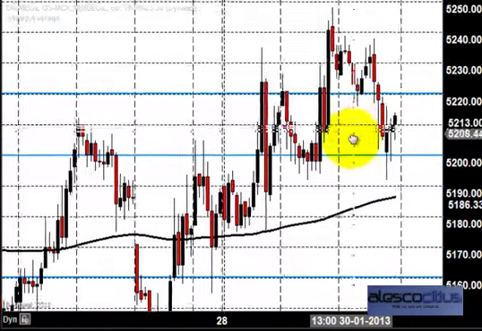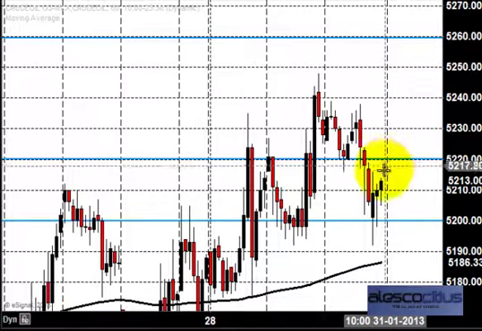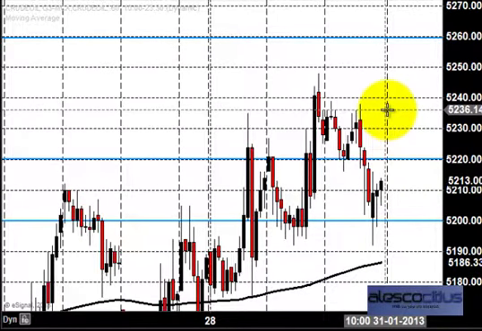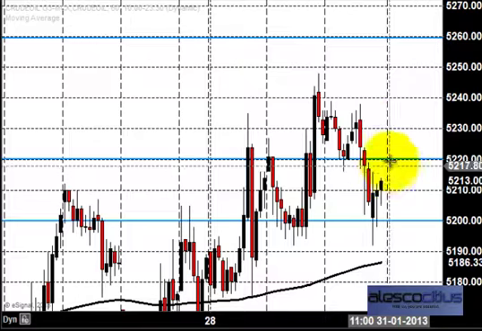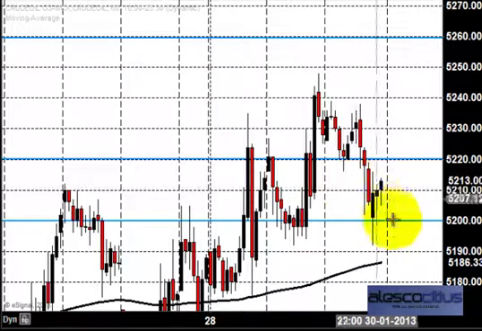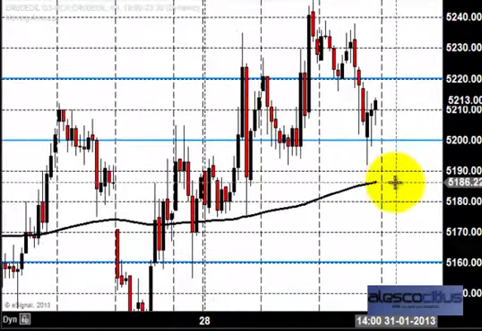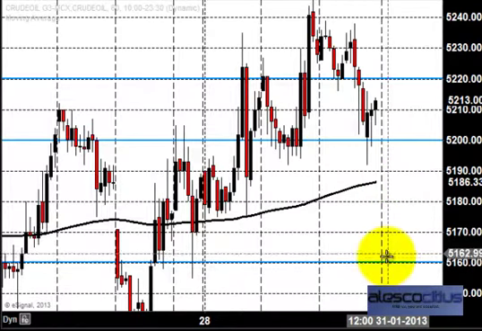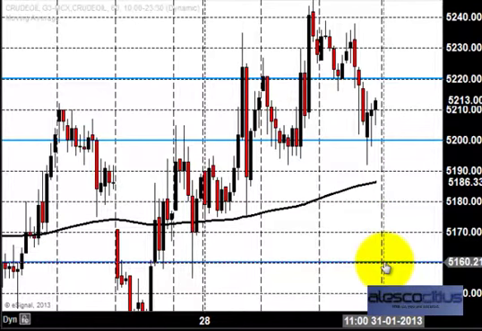The price is really struggling to show strong price action above 5,200 and 5,220. So today also we are going to follow the same strategy which we followed yesterday. Till 5,160, we expect that the price can maintain its uptrend. So we are going to wait.